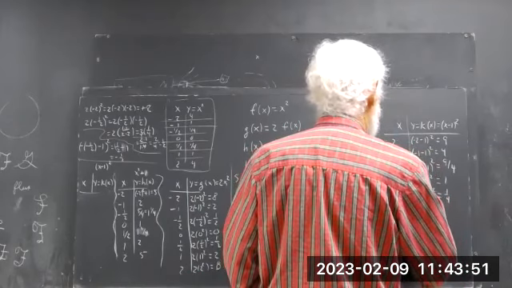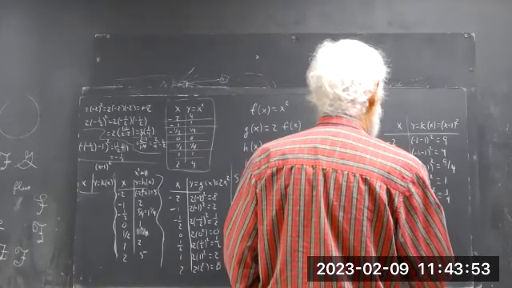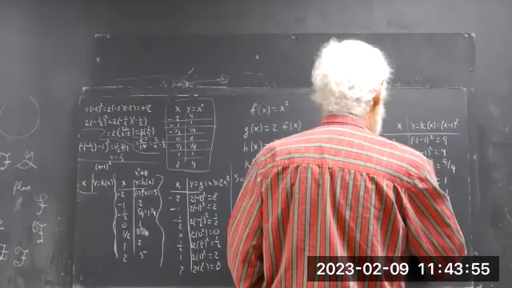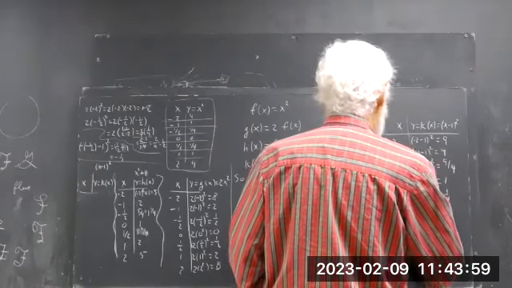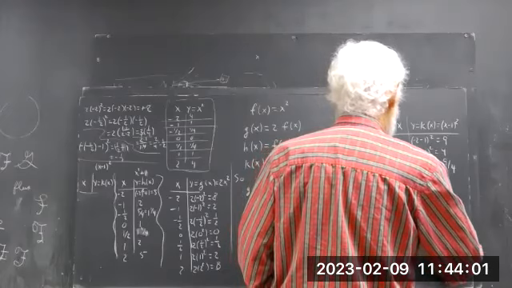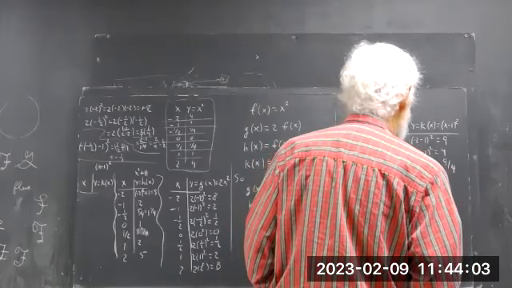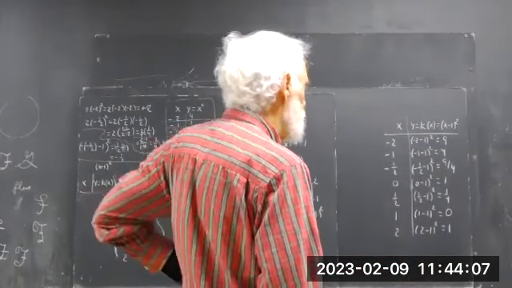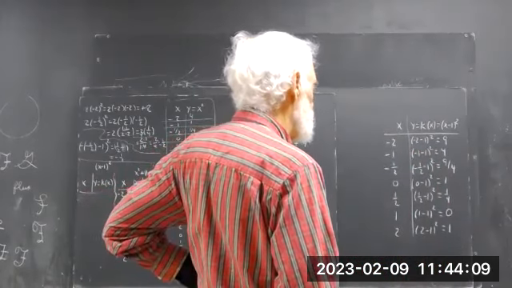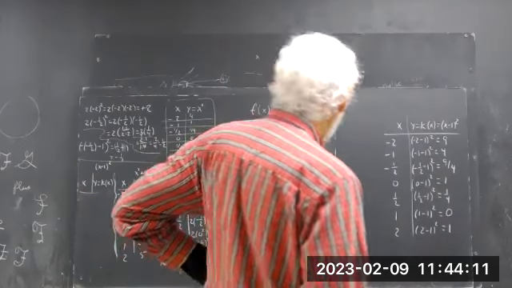At 1, we get 0, and at 2, we get 2 minus 1 squared, which is 1. All right.